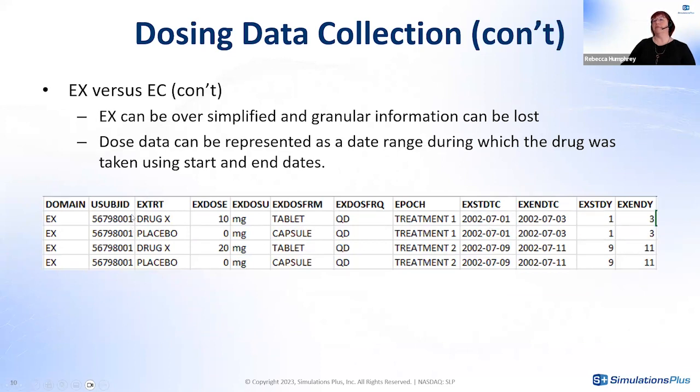So this tells me that for this subject, from days 1 to 3, the subject got a 10 milligram tablet and a 0 milligram capsule. And then on days 9 through 11, they switched to treatment 2 on 20 milligrams and the placebo capsule. But you can see that the times of collection were not captured in EX in this example.